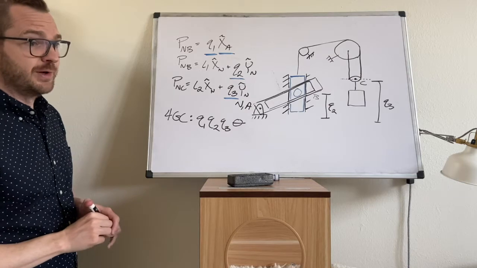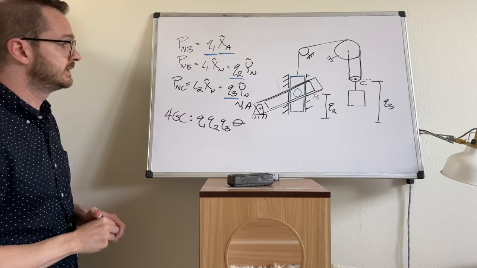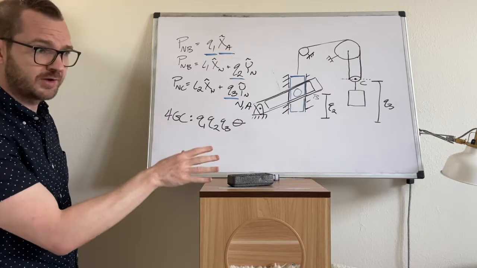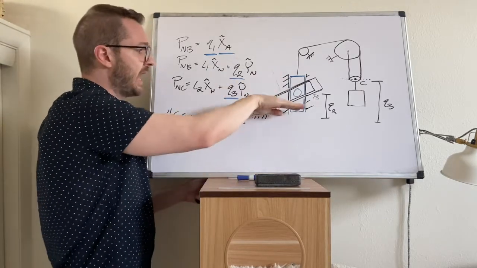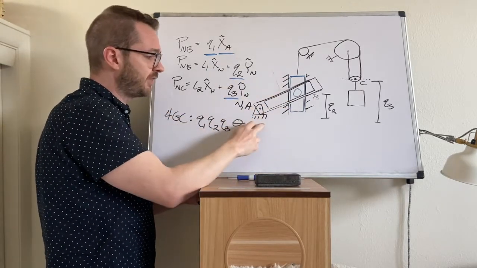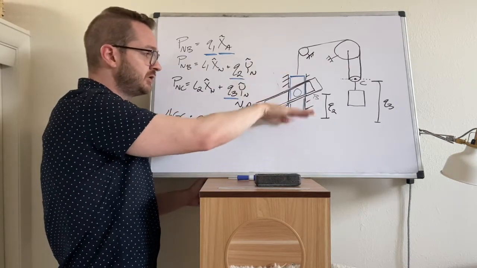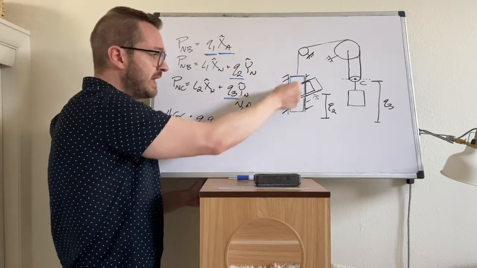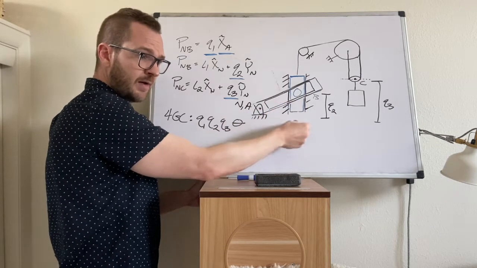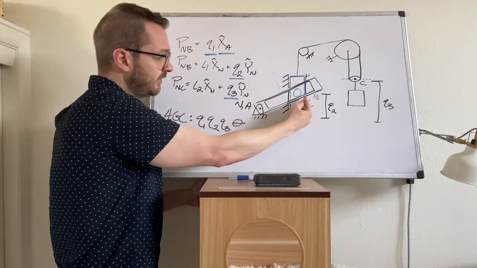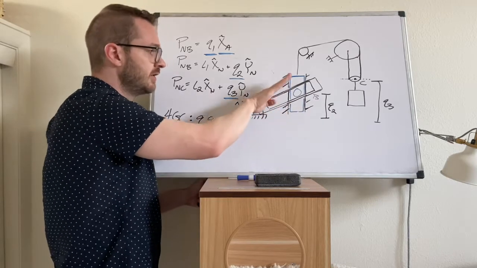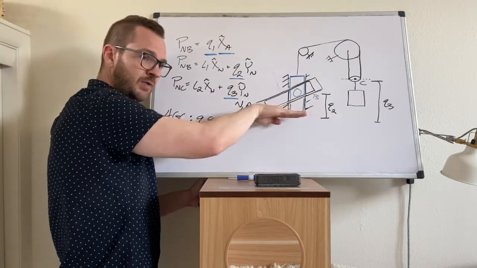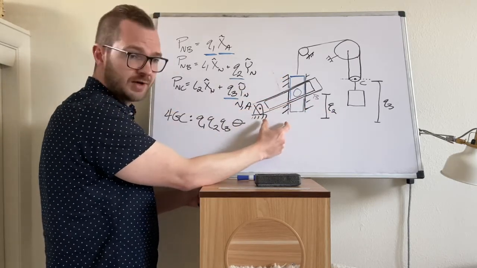So what about degrees of freedom? Well, from observation, what's going to happen? This crank is going to rotate. As it rotates, let's think of the angle theta as the input. As theta changes, that's going to make this slider go up and down. And also the distance from N to B is going to change. For example, when this is aligned with the x hat n, that distance is going to hit its minimum.